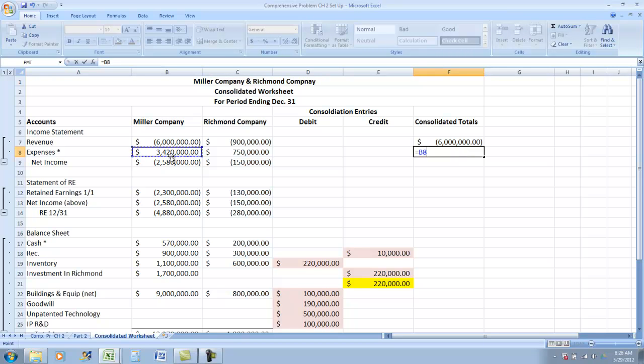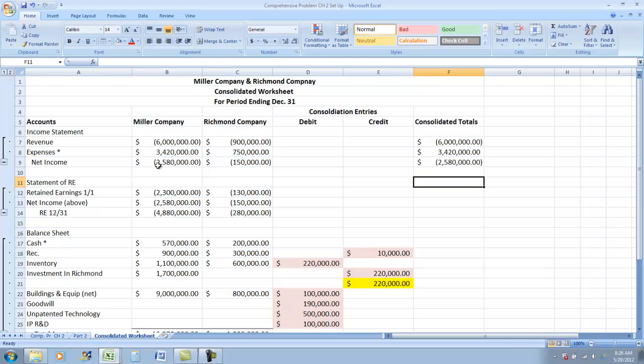So we only take revenues and expenses in the income from our parent company. Same thing with retained earnings and the income here.